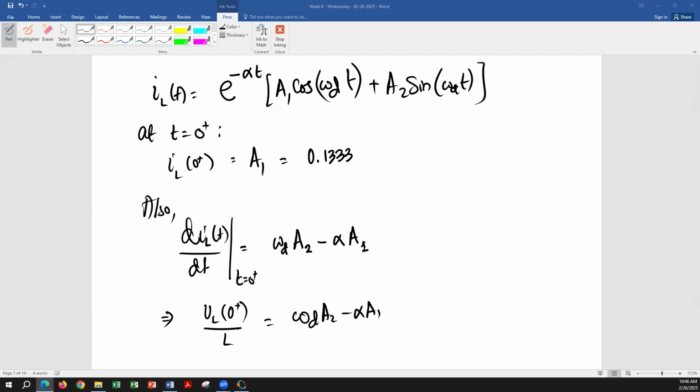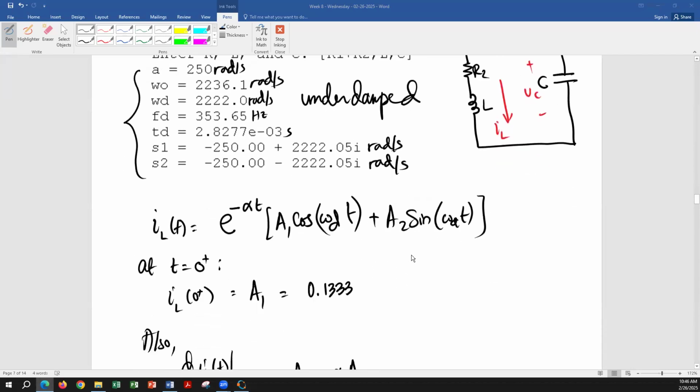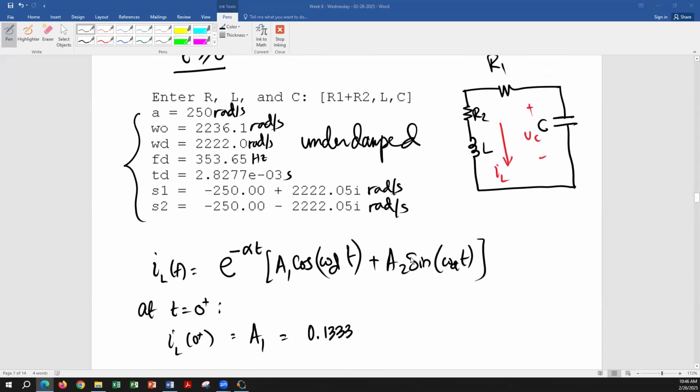Okay, now let's go back and check our circuit. So we are looking for VL at 0 positive. So this is VL. All right, so I'll keep this VC, and then we have VR1, and then we have VR2.